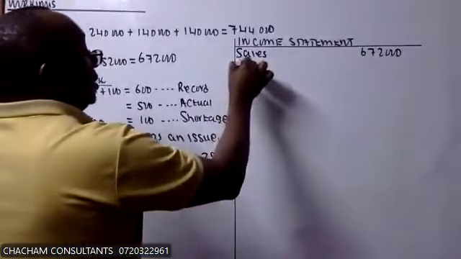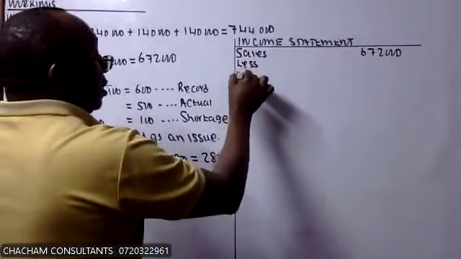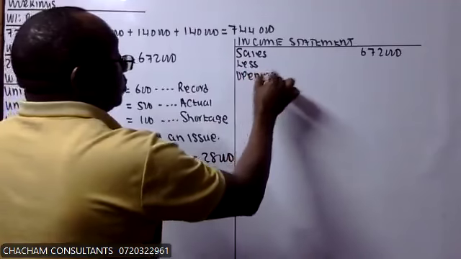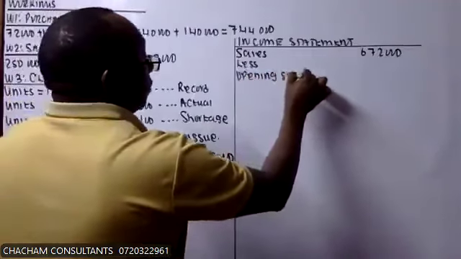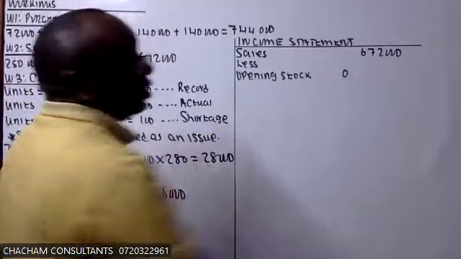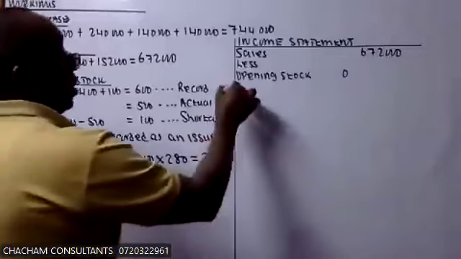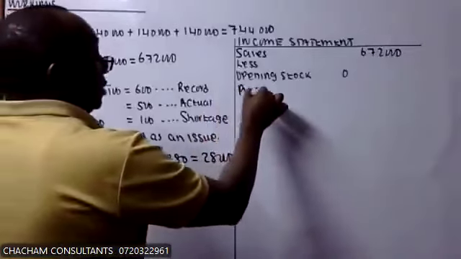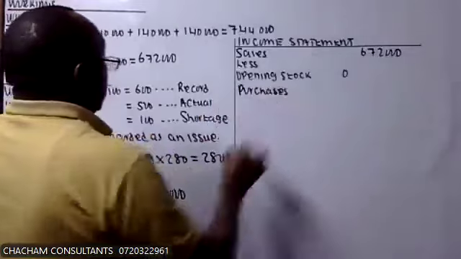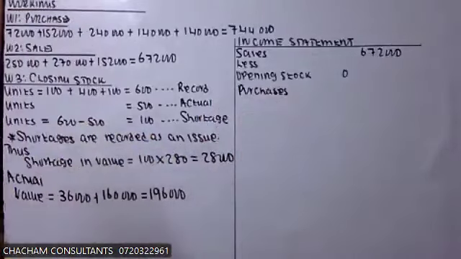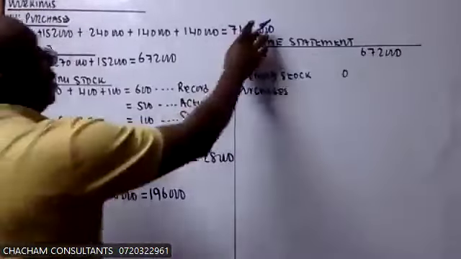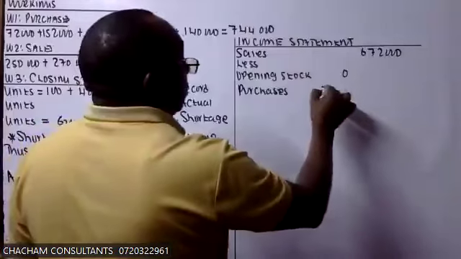Then we say less opening stock. We did not have the opening stock, 0. Purchases are this one, 744.